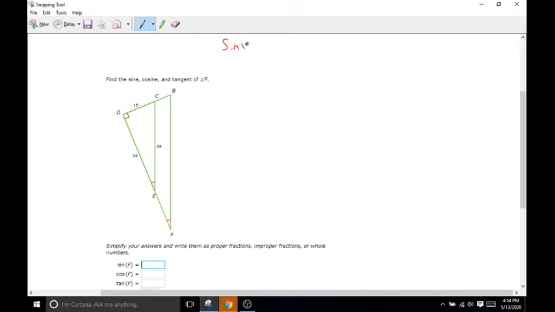We have sine of x equals the opposite over the hypotenuse. We have cosine equaling the adjacent over hypotenuse. We have tangent equaling the opposite over the adjacent.